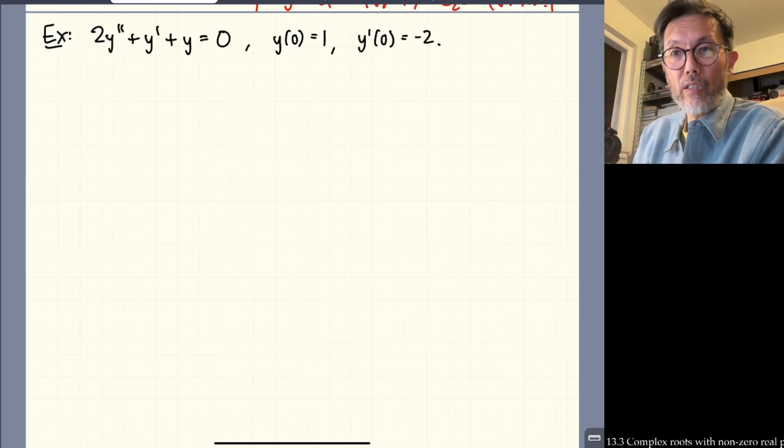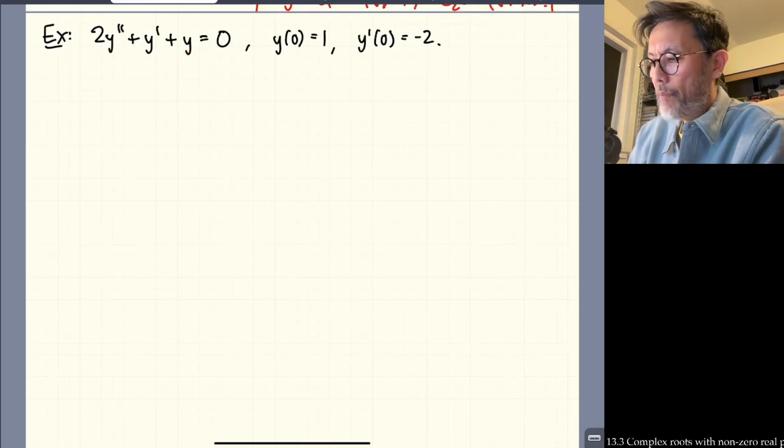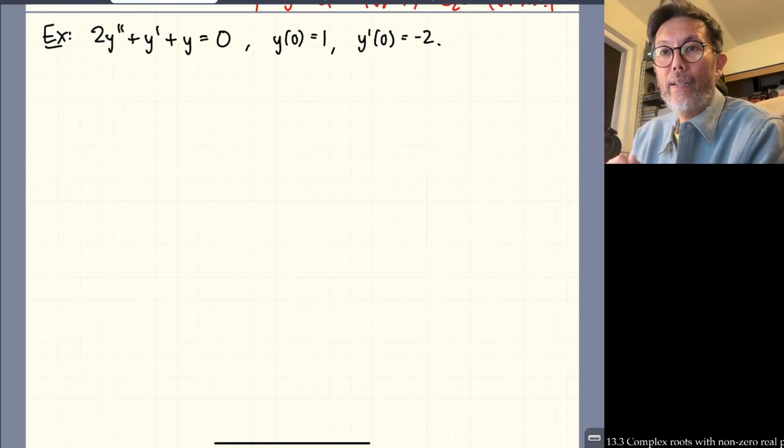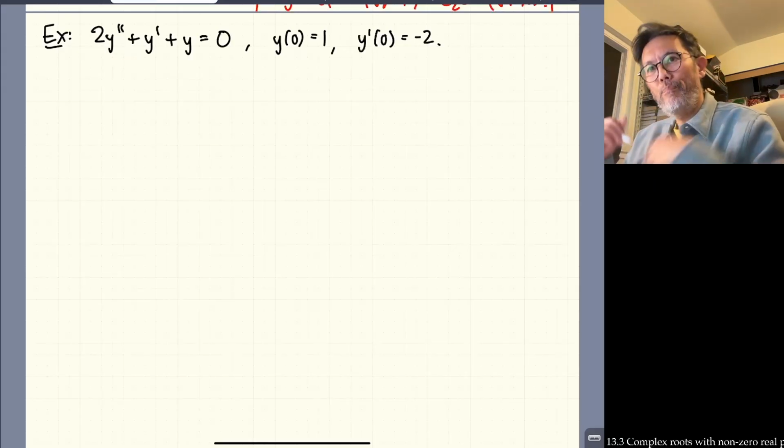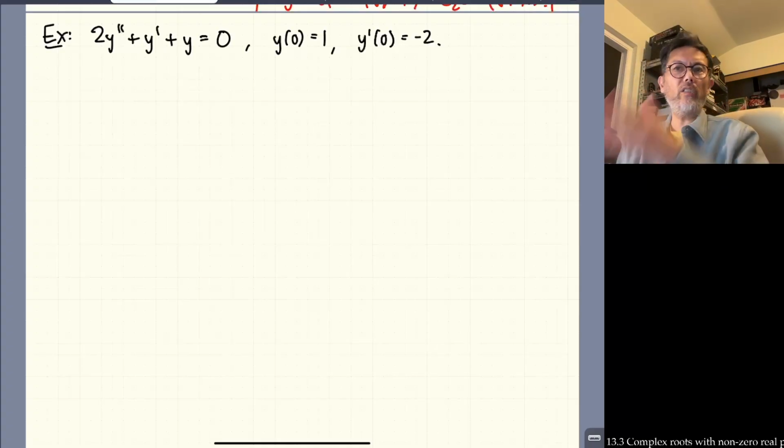Now, this differential equation differs from what we've seen in the past because the coefficient in front of y double prime is not 0. But all of the logic that we've described works in this situation just as well.